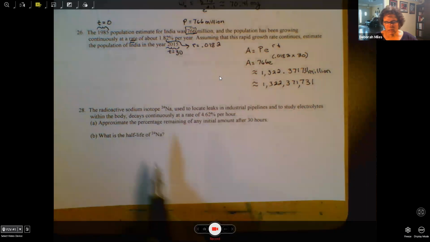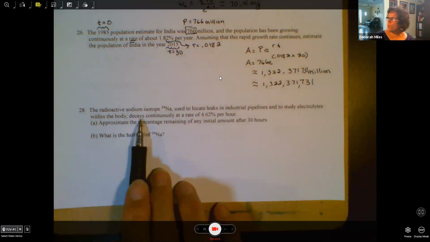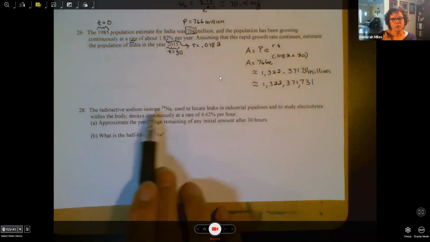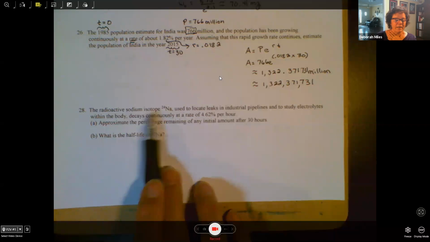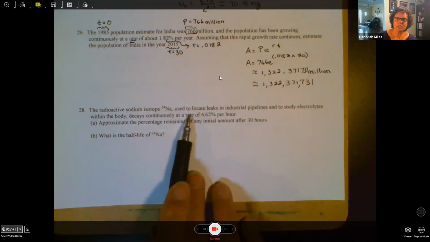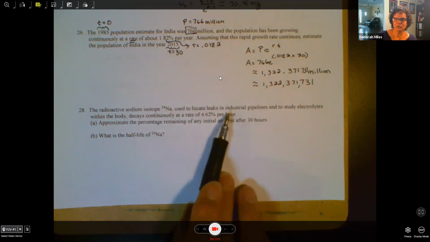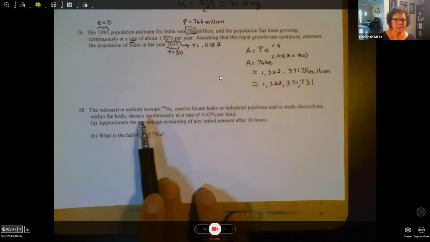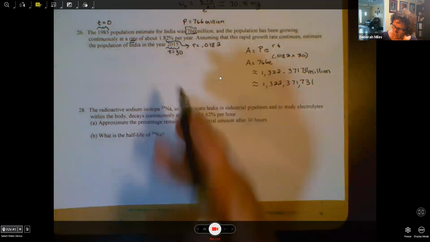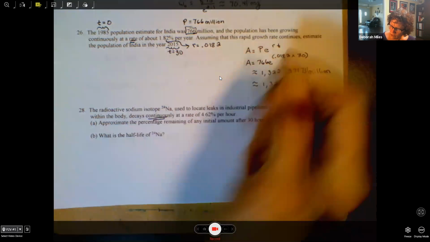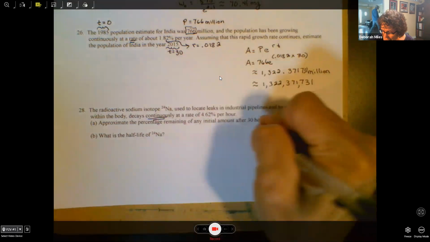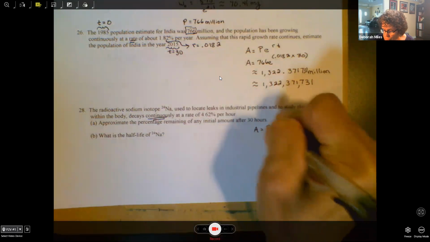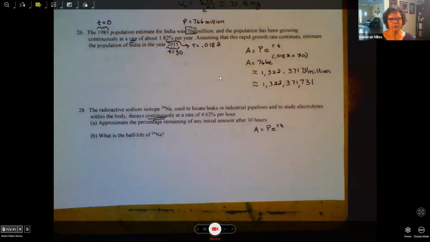Number 28 says the radioactive isotope Na24, radiosodium isotope, used to locate leaks in industrial pipelines and to study electrolytes within the body, decays continuously. That word continuously is what tells me, regardless of what this is actually about, I can just use the continuously compounded interest formula.